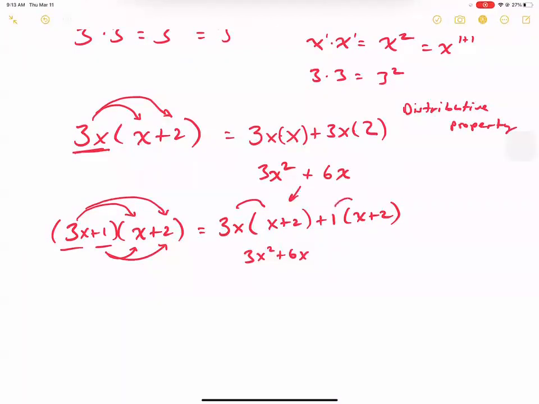And then it's 1's turn. 1 times x is x, and then plus 2. We always end up with like terms. That's what you always have to be careful of, like terms. And we end up with 3x squared, 6x plus 1x, 6 oranges plus 1 orange is 7 oranges, plus 2. And this is what happens when we multiply two binomials together.